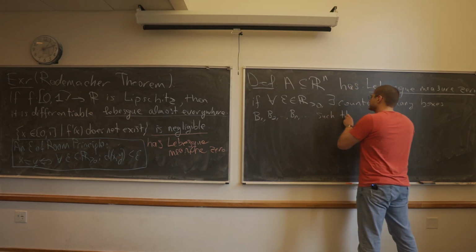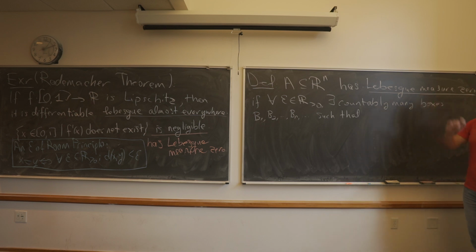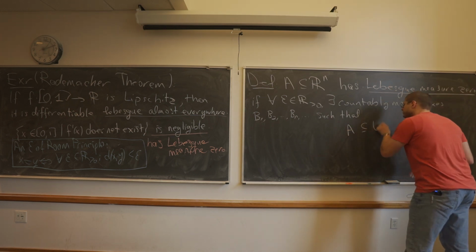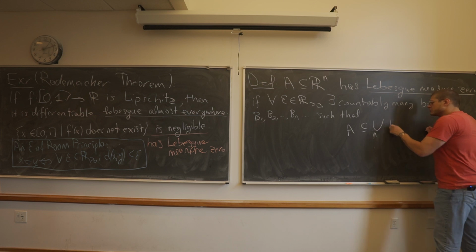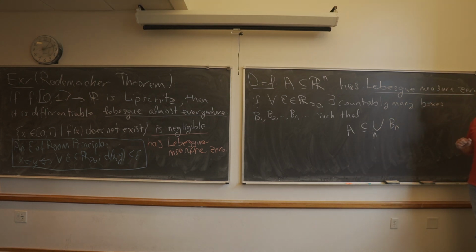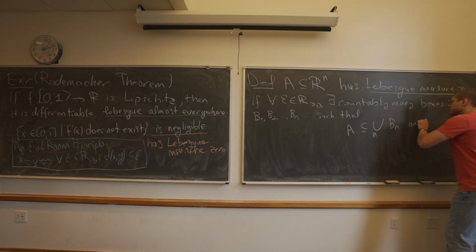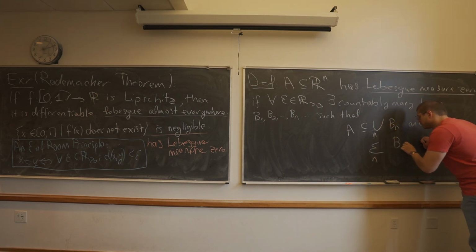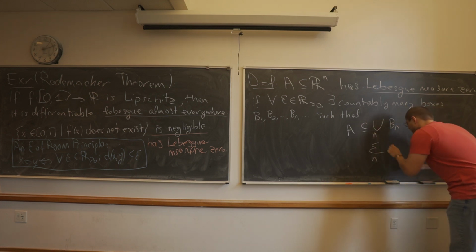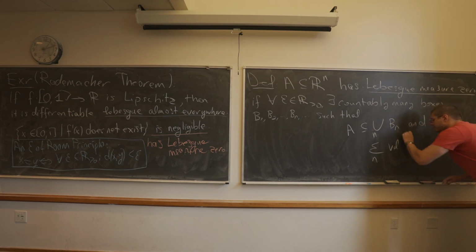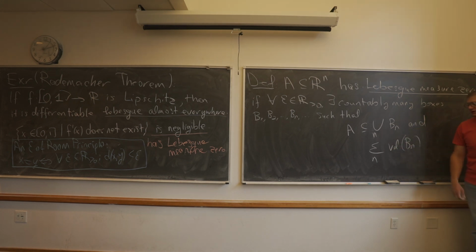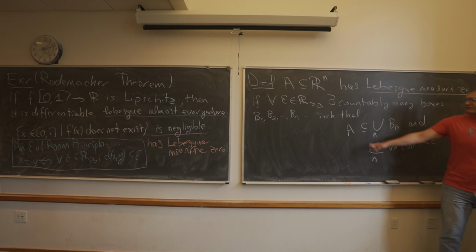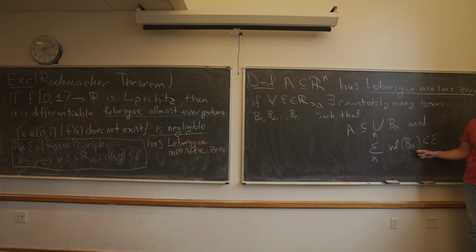Using these boxes, I get to cover A. So I'm taking the union like this and this. If I were to take the volumes of each of these boxes and add them up, this is not more than epsilon. So I get to cover A using a bunch of boxes. I don't care how many really. I just want them to be small. That's the idea.